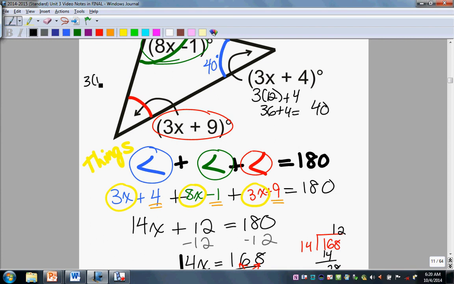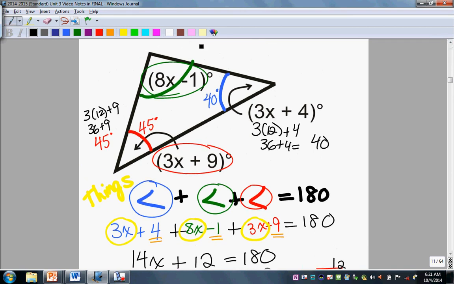This is going to be 3 times 12 plus 9, that's 36 plus 9. It's going to be 45 degrees. Up here we're going to do 8 times 12 minus 1, that's going to be 96 minus 1, that's 95.